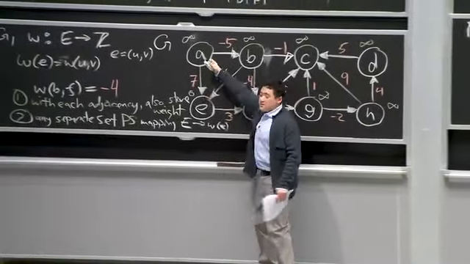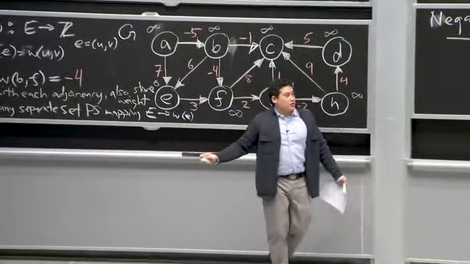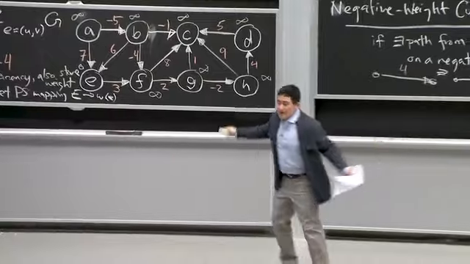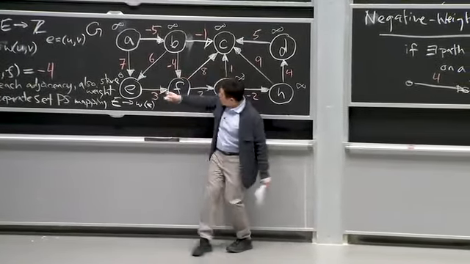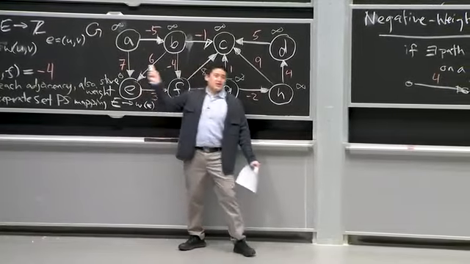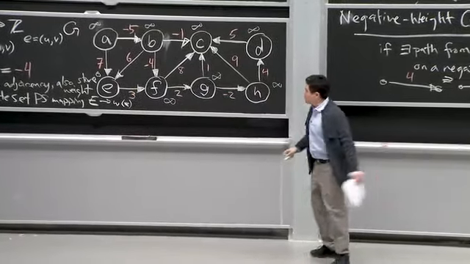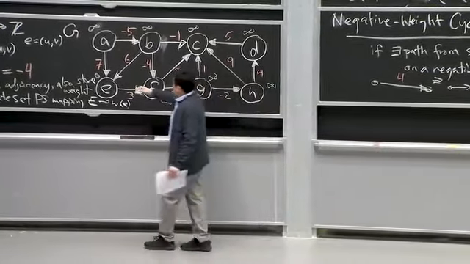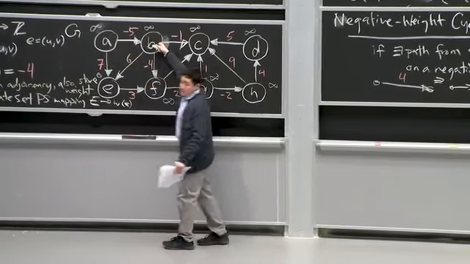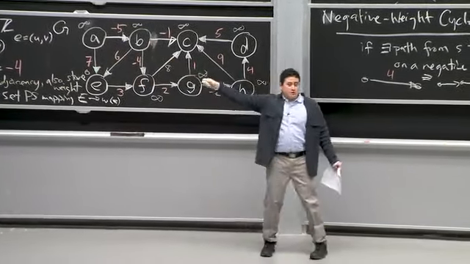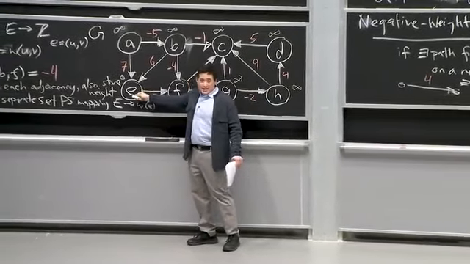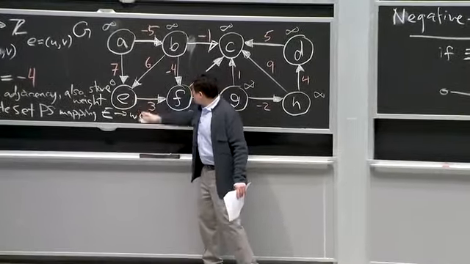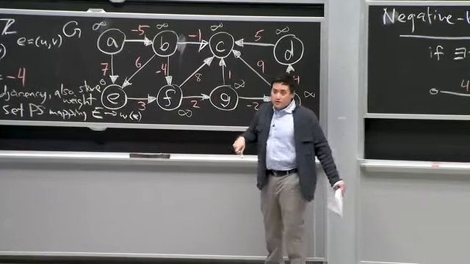So I don't do anything to A. Anything before my source vertex in the topological order can't be visited, because there's no path from my source vertex to anything before it in the topological order. Same with B. B is before it in the topological order. Now, I'm at E, and it's possible we are violating the triangle inequality.